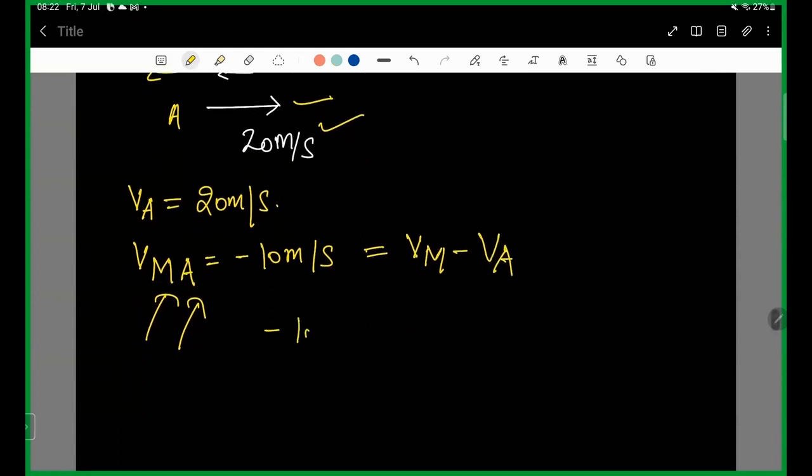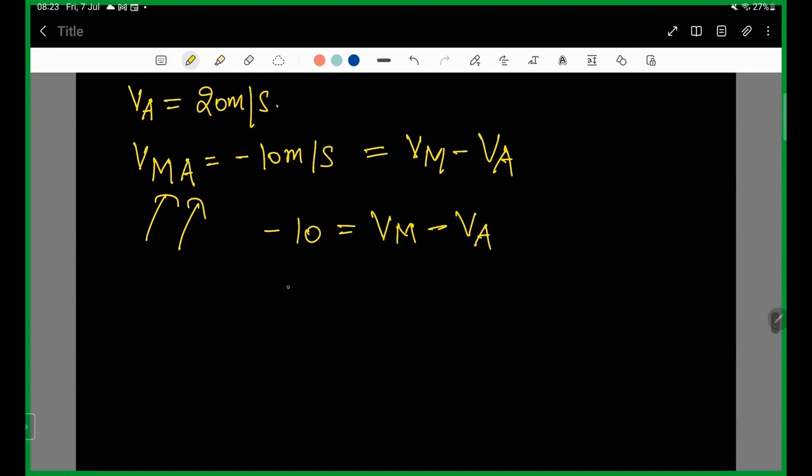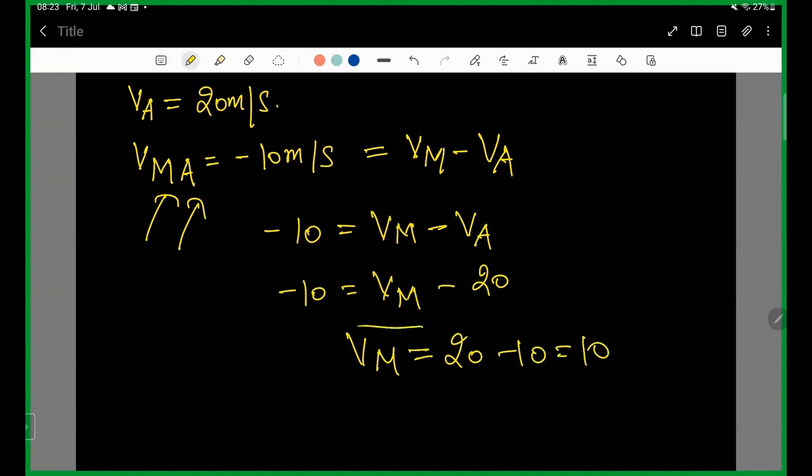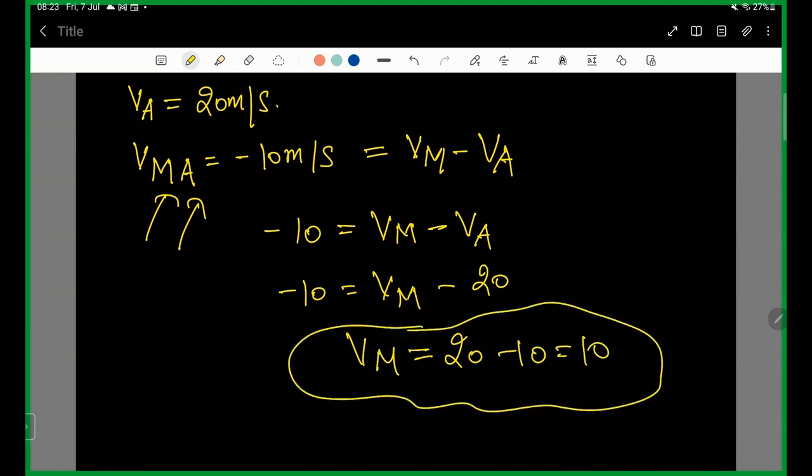So your equation is minus 10 equals VM minus VA. Now, VM you want to find out and VA is given to you as 20. It means the velocity of the monkey with respect to the ground is 10. So with respect to the ground, the velocity of your monkey is 10 meters per second.